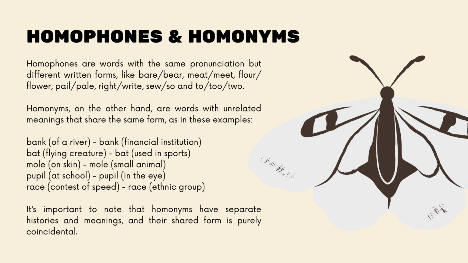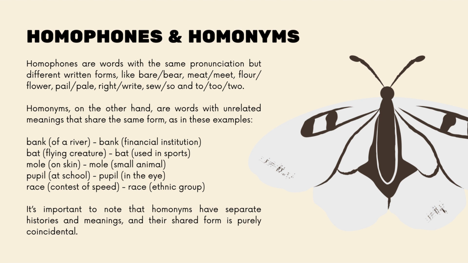Homonyms, on the other hand, are words with unrelated meanings that share the same form, as in these examples: bank of a river and bank financial institution, bat flying creature and bat used in sports, mole on skin and mole small animal, pupil at school and pupil in the eye, race contest of speed and race ethnic group.